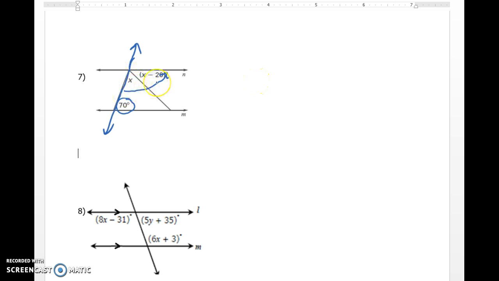So if we use angle addition postulate, we can say this entire angle here is x plus x minus 20, so this entire angle is going to be consecutive interior with the 70.